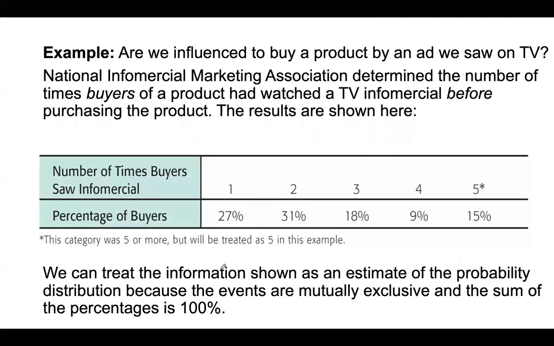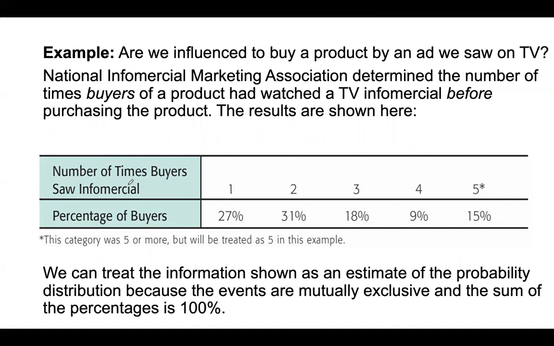So let's look at an example. Are we influenced to buy a product by ads we saw on TV? Suppose we had this data in a chart, and 5 or more, basically we treat it as 5 in this example. This is why we have an asterisk.